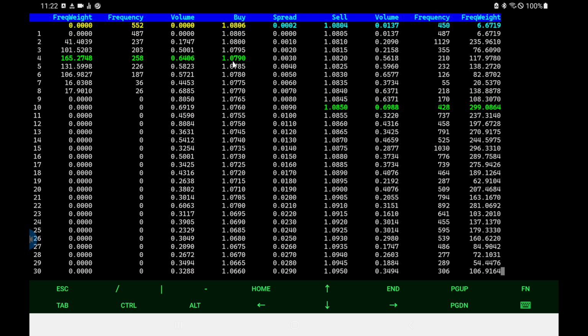The program is saying that support is at 1.079. Order book volume is 0.64% of the entire order book on this one price.